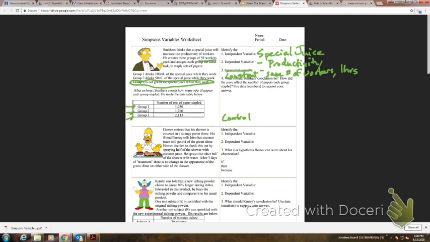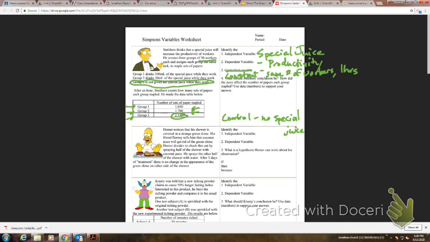And so that's our control group, no special juice, because that's kind of like our baseline. That's what we start with, right? And so that's what we're comparing everything off of. Notice the control group can do about 2,000. And then as you add more special juice, it actually lowers the amount of paper stapled. So actually the productivity decreases.